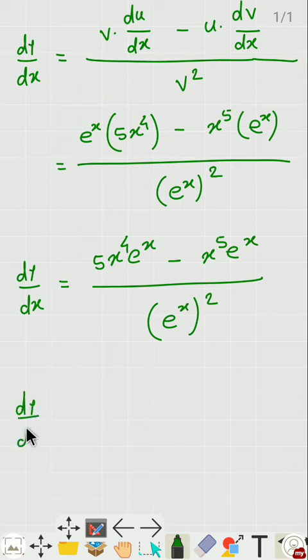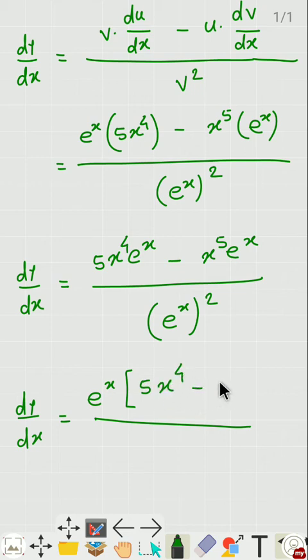dy by dx is equal to, from the numerator we take outside e raised to the power x, so inside the bracket 5 into x raised to the power 4 minus x raised to the power 5, whole divided by e raised to the power x its square.